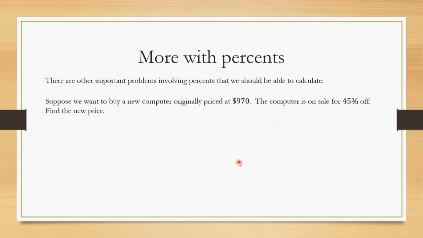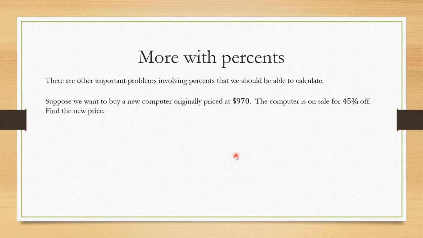Okay, all right. Here's another, you're going to love this. With percents, here's one with buying a computer. You see sales and stuff with percentages, right? Something's marked down by a certain percent. Well, here's an example like that. We have a computer at $970, and the computer's on sale.